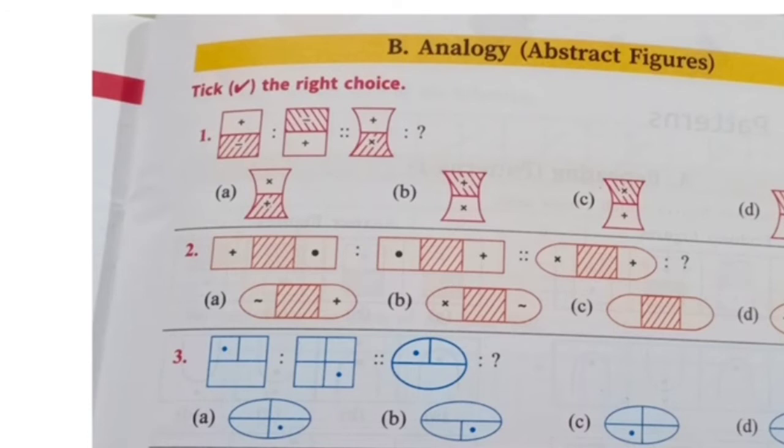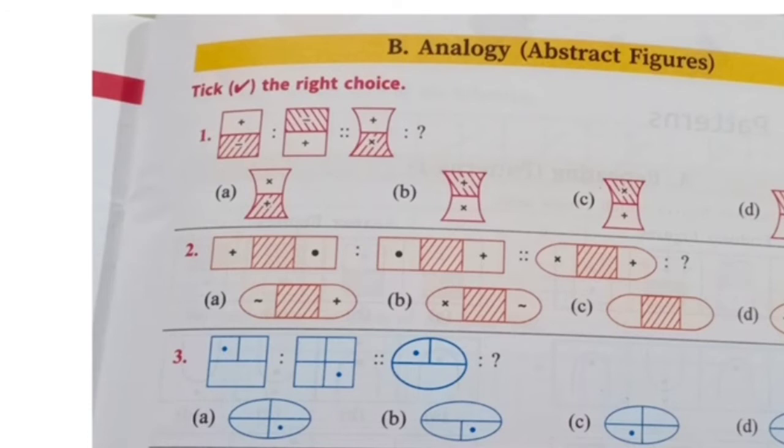For that, in the first option we can see a multiply sign, in between there are cross lines, and at the end there is a plus sign.